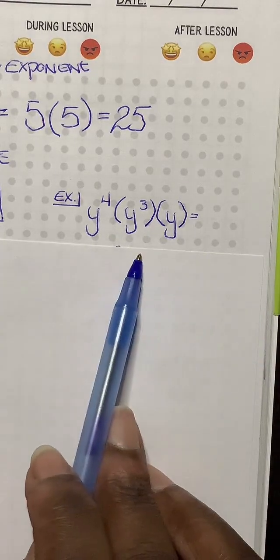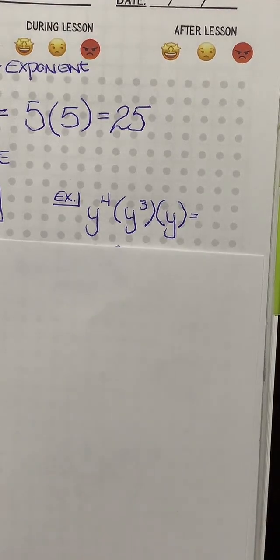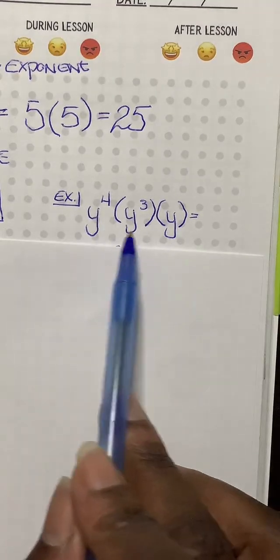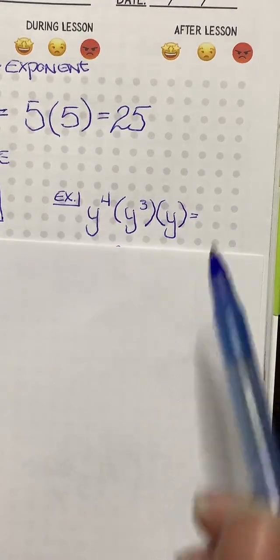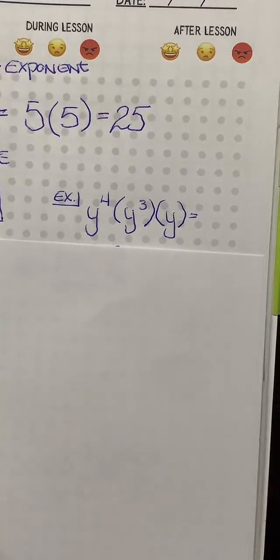Okay. Lisa's kind of pinpointing a little bit. This is multiplication. In between, we don't see plus signs or minus signs. It's not being raised to another power.